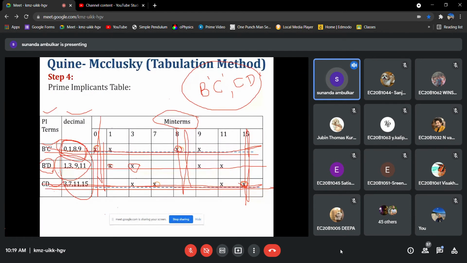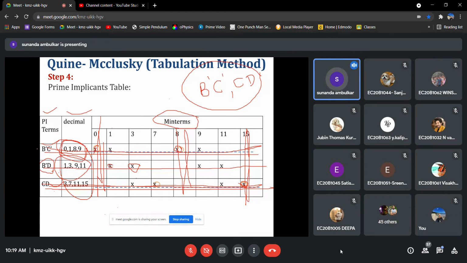If it is part of the first phase, then we can omit it. This is the way by which we can find the minimized expression for that particular complex Boolean expression.